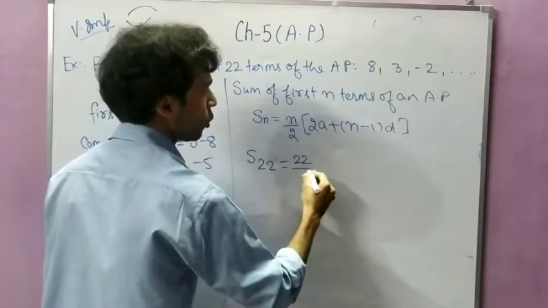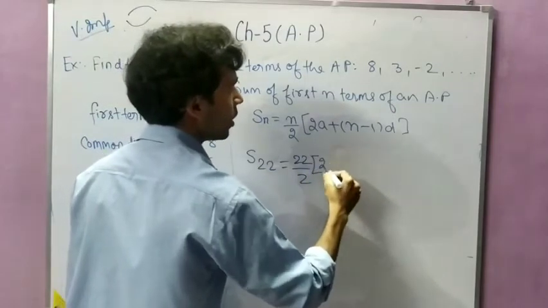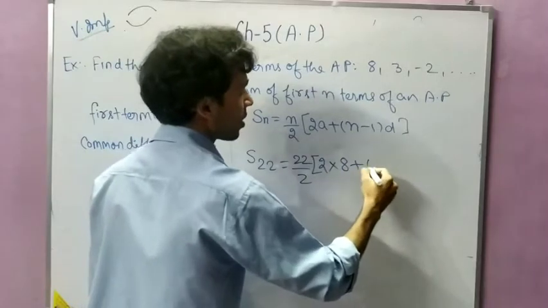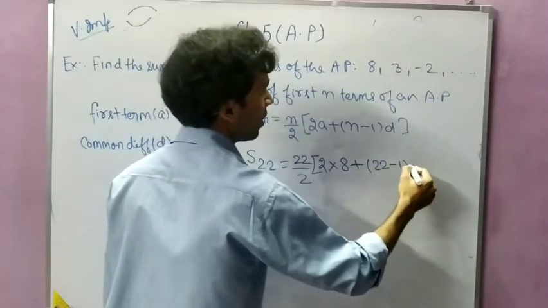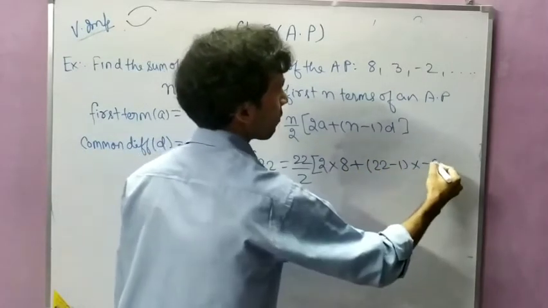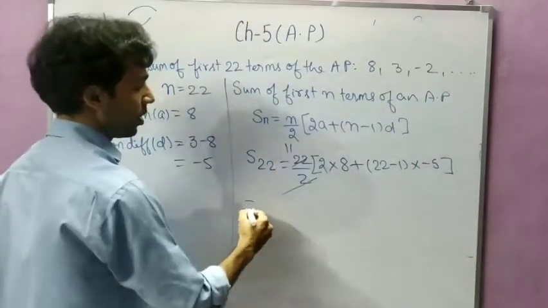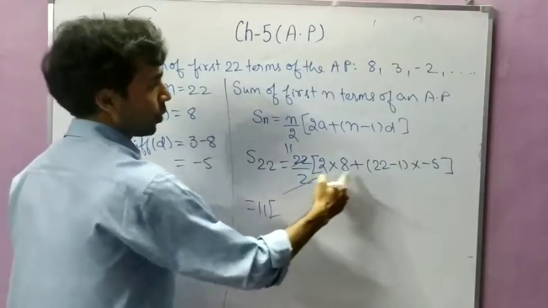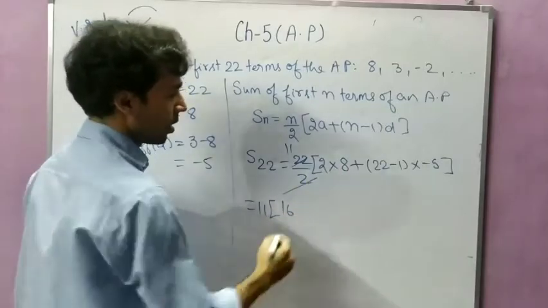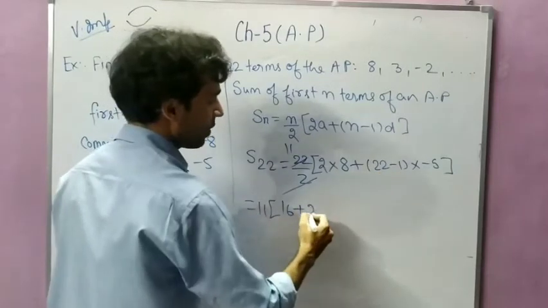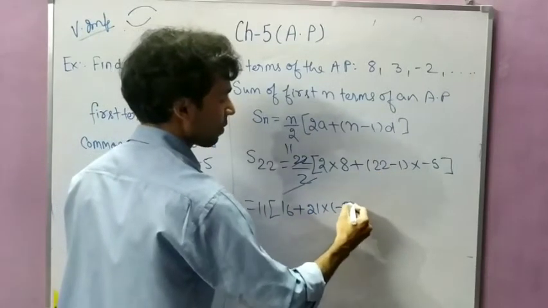So 22 upon 2 in bracket 2 into the value of a, which is 8, plus 22 minus 1 into minus 5. Now this will cancel to 11. So 11 into 2 into 8, 16, plus 22 minus 1, 21, into minus 5.